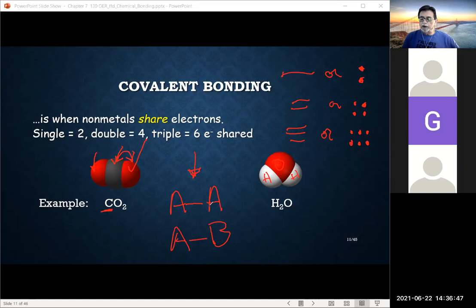Electronegativity is a measure of the affinity to pull electrons onto itself, so that bond will be shifted. The sharing will go to one or the other. That's what we mean by unequal sharing.